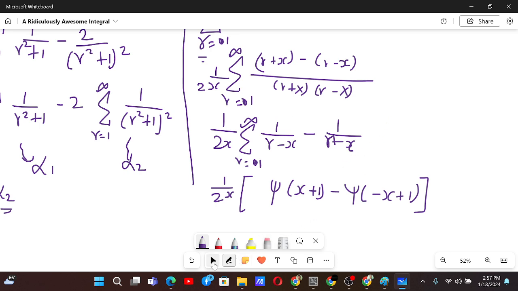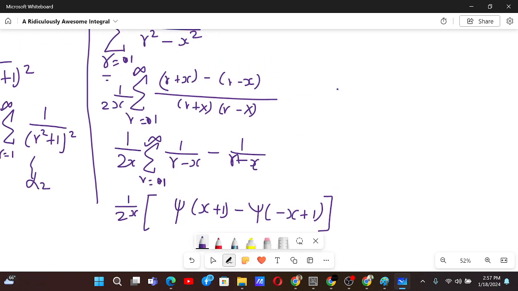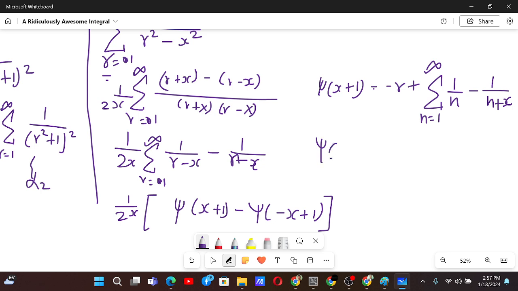Digamma of x plus 1 is negative of the Euler-Mascheroni constant plus the sum from n equals 1 to infinity of 1 by n minus 1 by (n plus x). And similarly digamma of minus x plus 1 is minus the Euler-Mascheroni constant plus the sum from n equals 1 to infinity of 1 by n minus 1 by (n minus x).